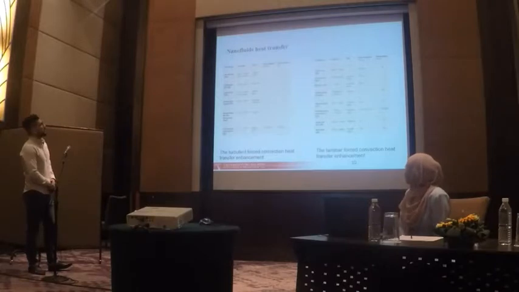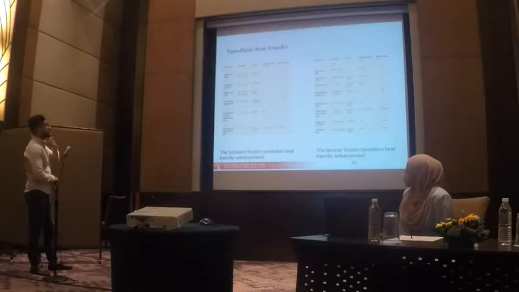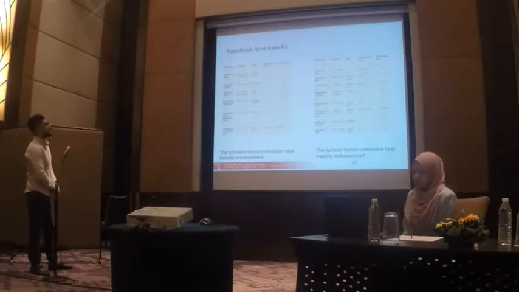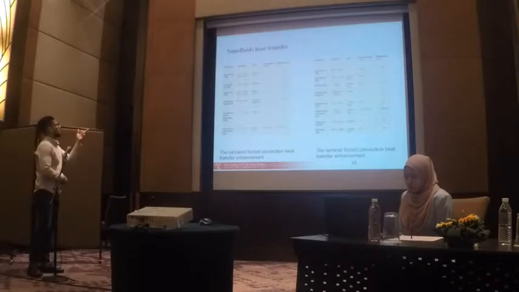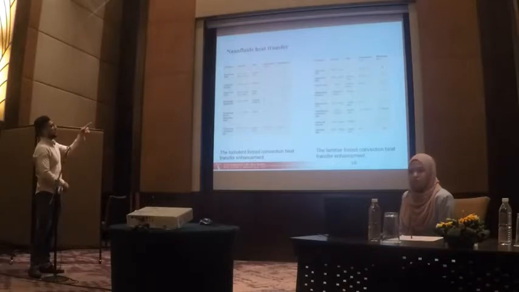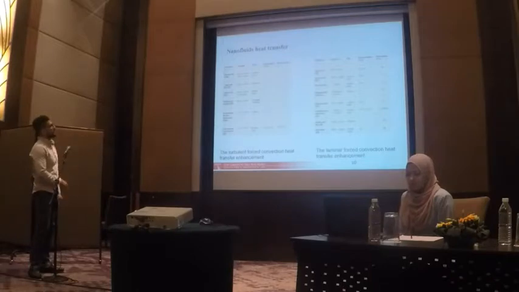Okay, so here in these two tables is a summary of previous research on nanofluid heat transfer in turbulent forced convective heat transfer and in the laminar regime. And it is clear that in the turbulent forced convective, the study by Mr. Bandy using Al2O3 with water, and the type of channel used, the corrugated channel with 2 to 4% concentration, got 40% enhancement in heat transfer.